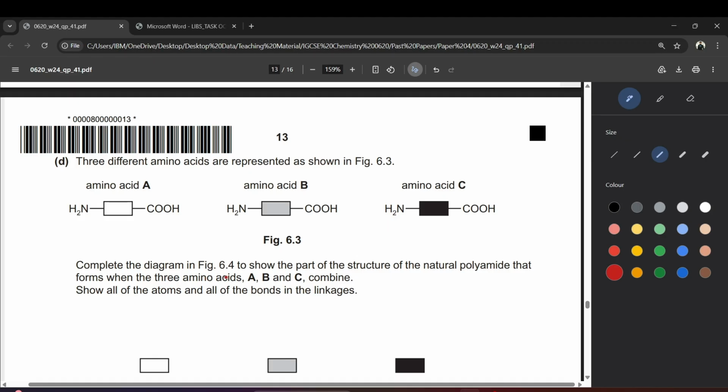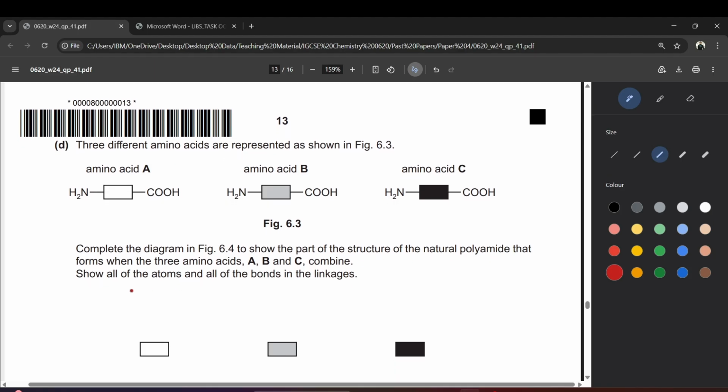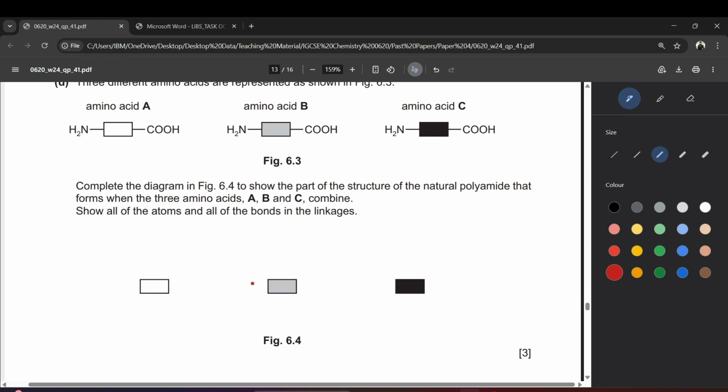Complete the diagram in figure 6.4 to show the part of the structure of the natural polyamide that forms when the three amino acids combine. When the three amino acids combine, you will get a polymer which is protein. Show all of the atoms and all of the bonds in the linkages.